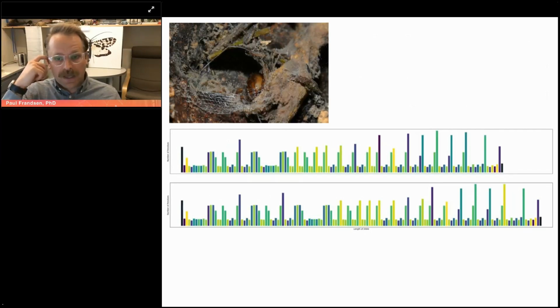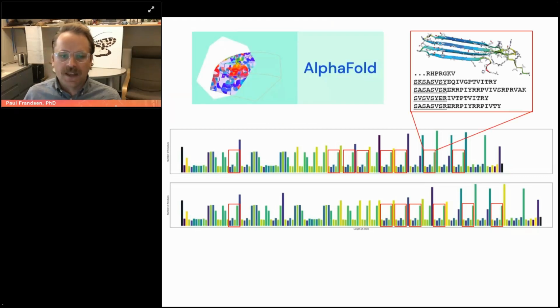Well, in one of the caddisflies that we're interested in, this net spinning caddisfly, we're very interested in understanding how these genes fold and how that provides structure to the protein. And so you can take this set of repeats, all these repeats that are outlined in red, and then you can generate predictions using something like AlphaFold to assemble this into a beta sheet protein.